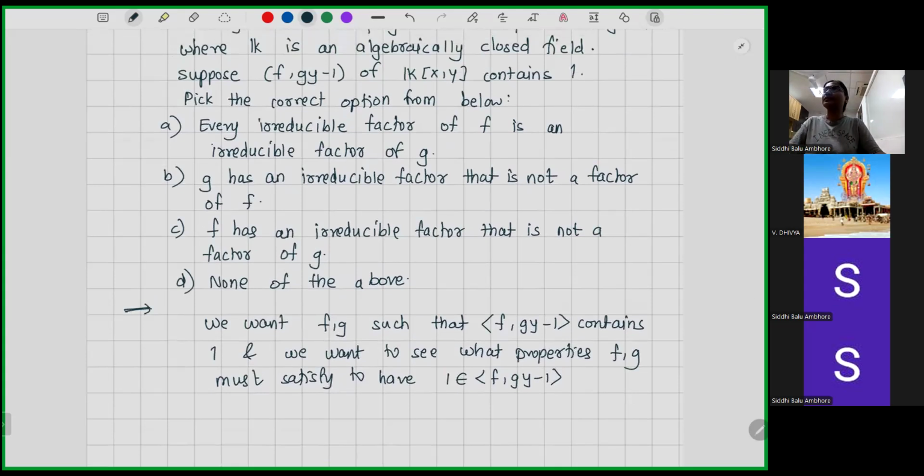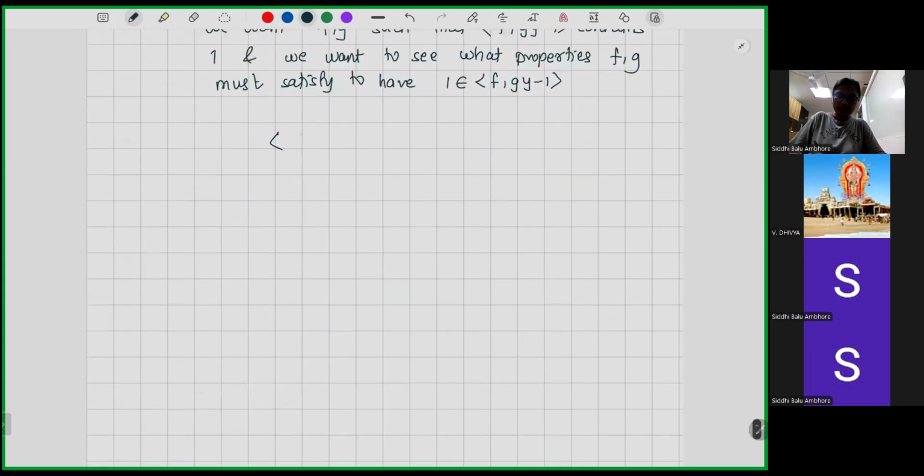So if I take f to be x and g to be x, then what will be this ideal? F is equal to g is equal to x. Then this ideal becomes (x, xy minus 1). And does this ideal contain 1? Yes, right, because I can multiply the first term by x and subtract xy minus 1, and I will get 1.